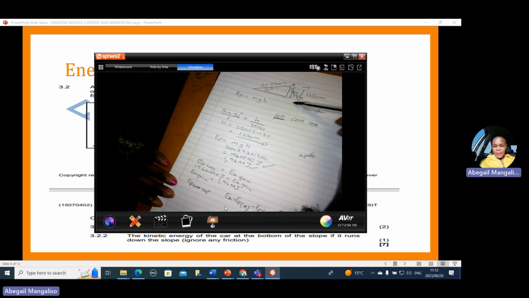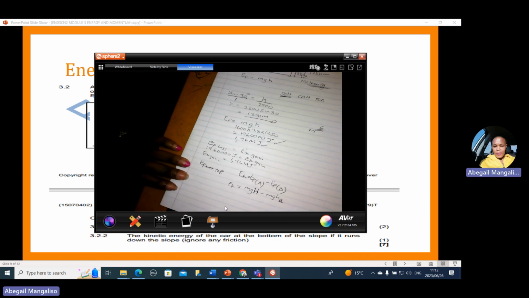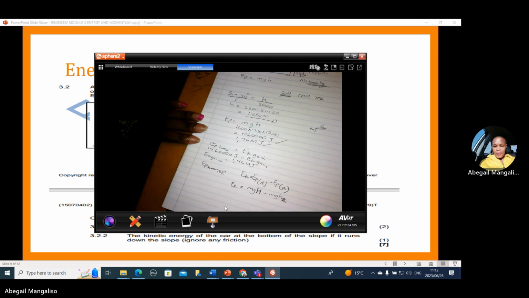Now, height at A is bigger than the height at B. So this EK will be equal to potential energy is mgh at A. So let me put capital letter H since it is bigger, or we can call it H1, minus mgh at B, or we can call it H2.